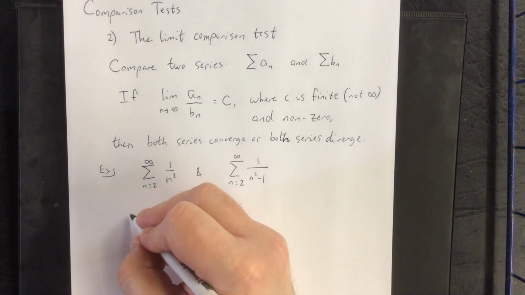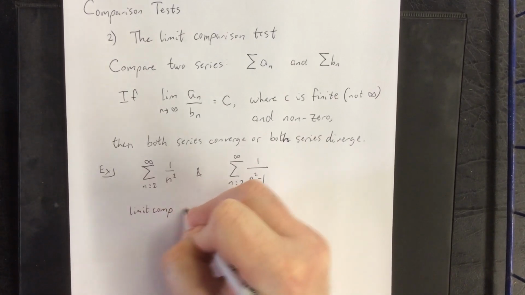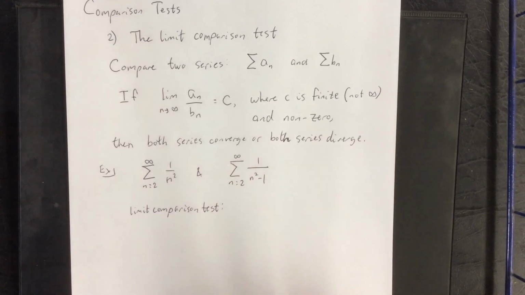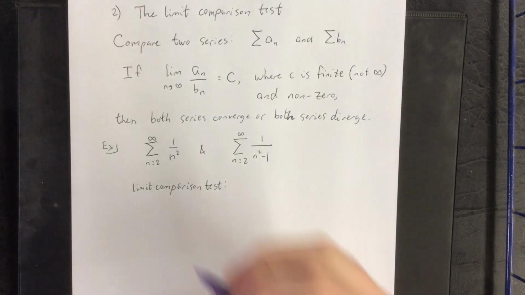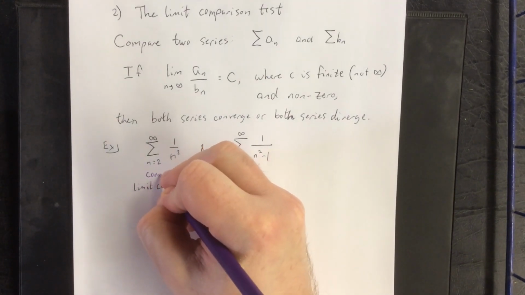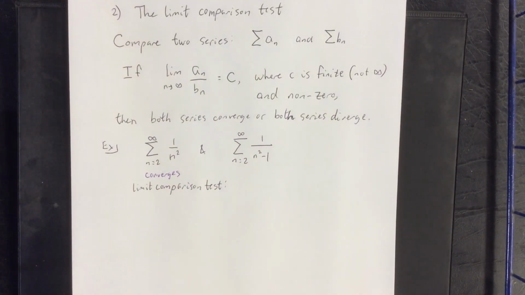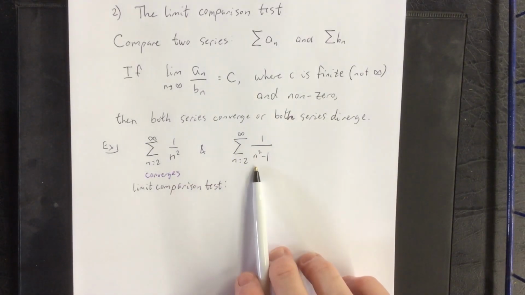So what we're going to try is the limit comparison test. Now, for the record, as we're trying the limit comparison test, I am aware that this series converges due to the p-series test. Now, if we can prove that this limit up here exists, then we'll be able to show that this converges as well.